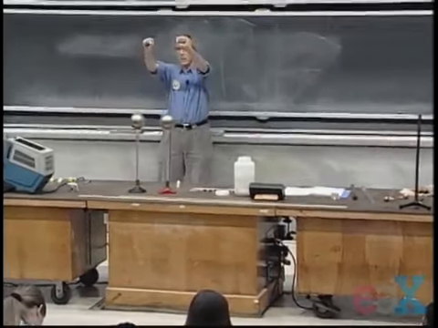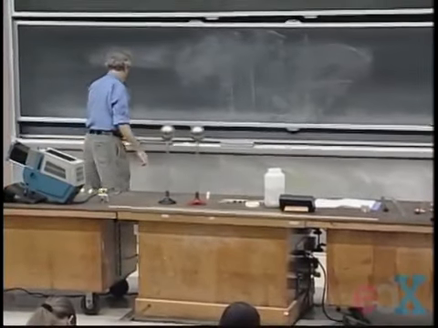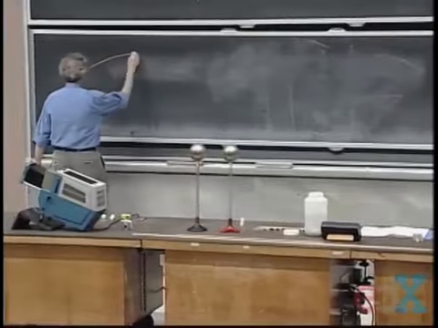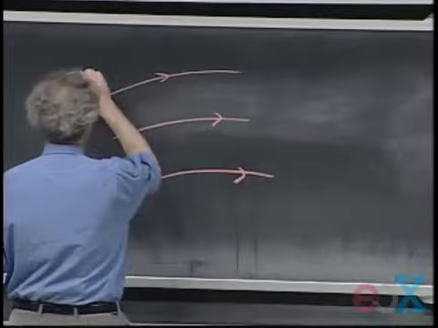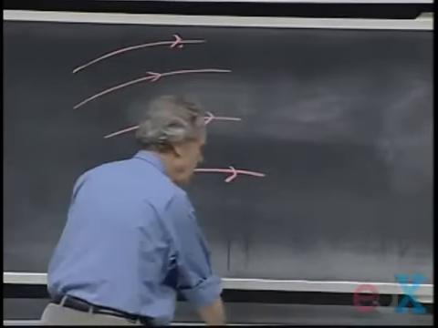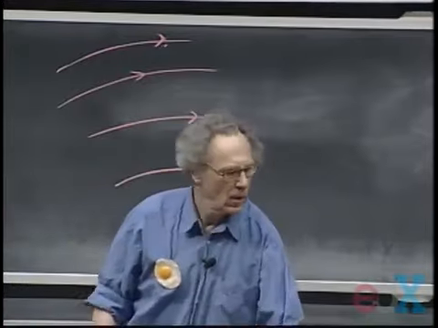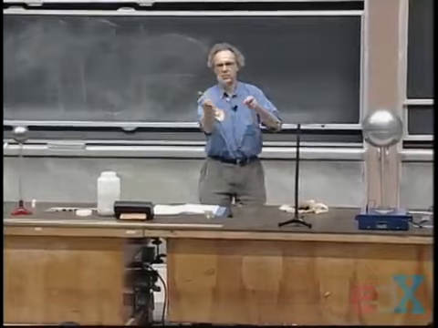A big one, this big, right in front of you, almost as big as the one there. So let's have an electric field, like so. And I bring in this electric field a dipole, a biggie. Here, this is the one I'm going to use for this demonstration.